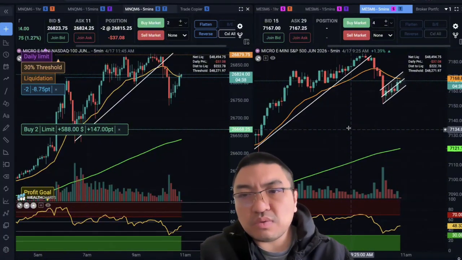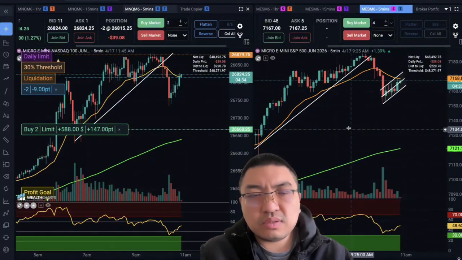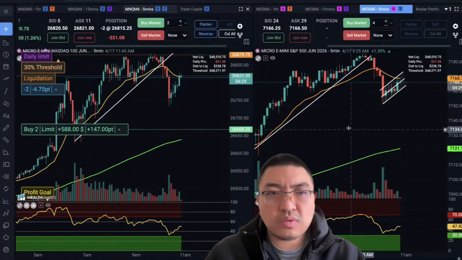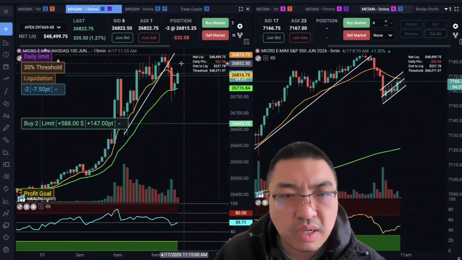Let's see if this candle will be above EMA 21, or it gets rejected. So let's see, 15 minutes. Okay, maybe we can set a stop loss right here.